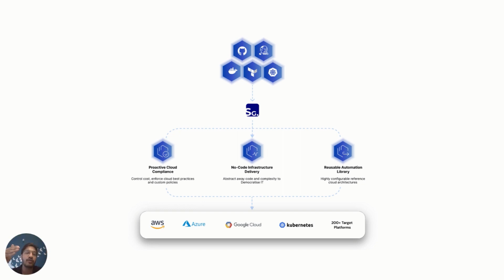These configurations can then be used to deploy their infra over different platforms like AWS, Azure, Google Cloud, and many others. You can check out StackGuardian by searching on the internet.